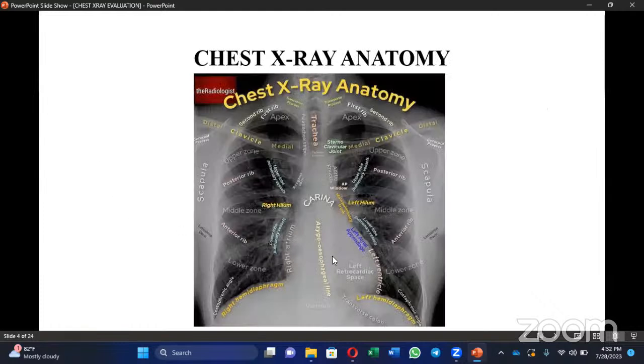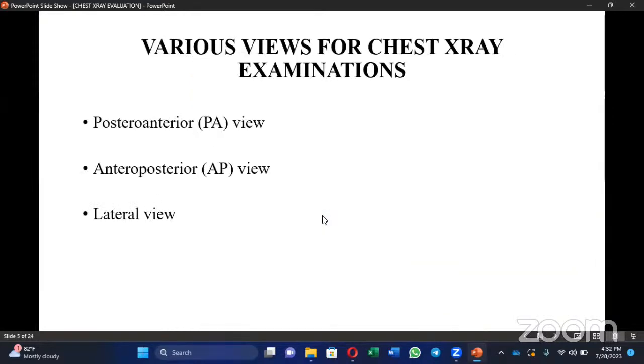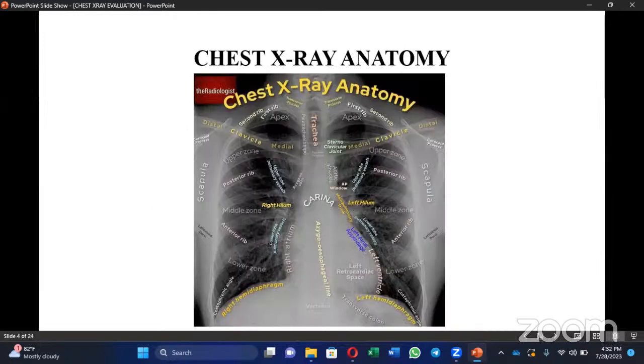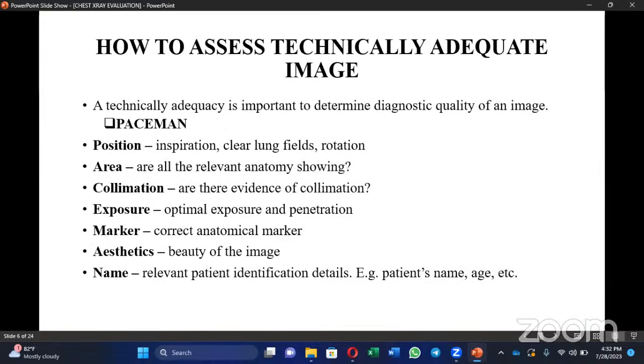When you look closely at the heart shadow, there should be the presence of the thoracic spine running faintly behind the heart shadow. When you are able to see that faint thoracic spine within or behind the heart shadow, it means that the image was exposed adequately.